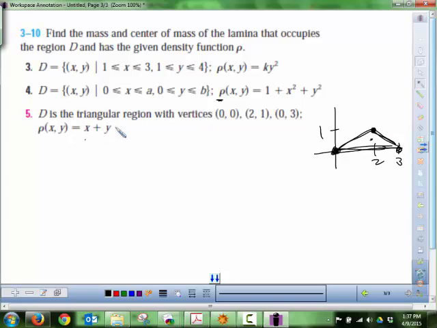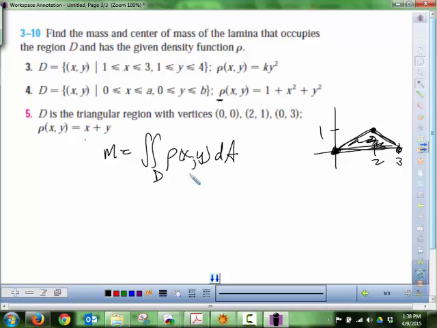And if this is density in grams per square meter or kilograms per whatever units, I don't like messing with units too much. You could do that in physics. So really all you have to do to find the mass is integrate the density function over your domain once you have your domain figured out. Really, that's all you need to do.